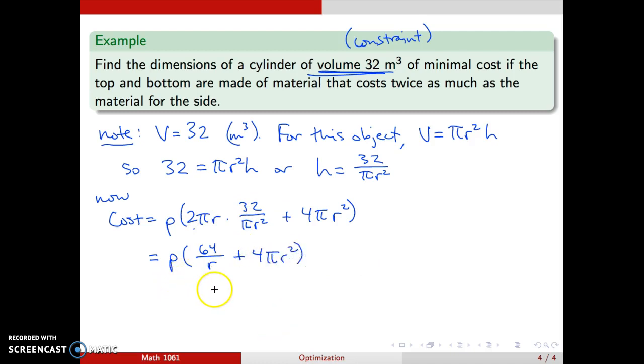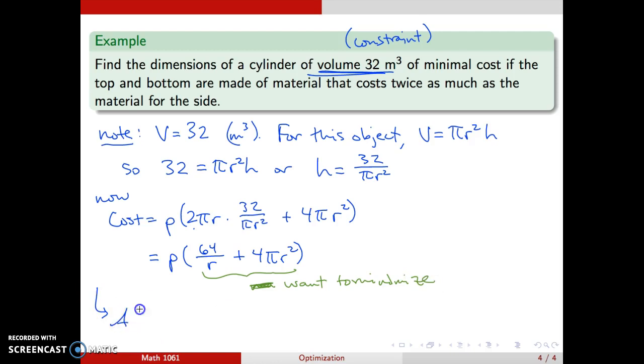Now the price per unit area of the side material doesn't really matter. It could be $1 per square meter or $10,000 per square meter. The dimensions that minimize it aren't affected by that. So this is really what we want to minimize. Let's give that a name.